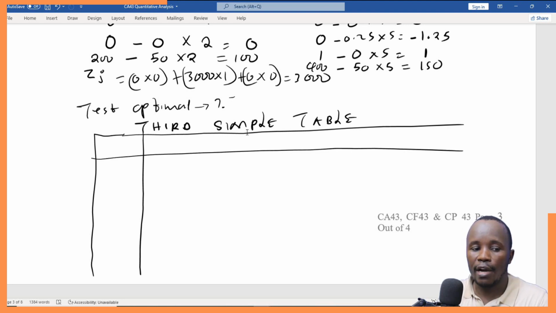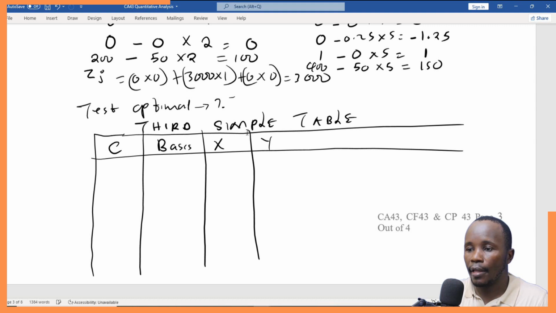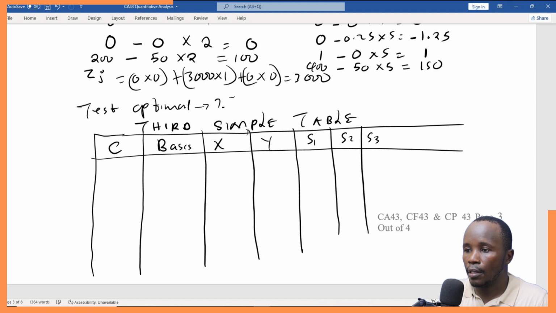Here we shall have our C basis, the contribution. We have our basis, then we have our X, then we have our Y, then we have our S1, our S2, our S3, then we have our value, and finally we have our ratio.